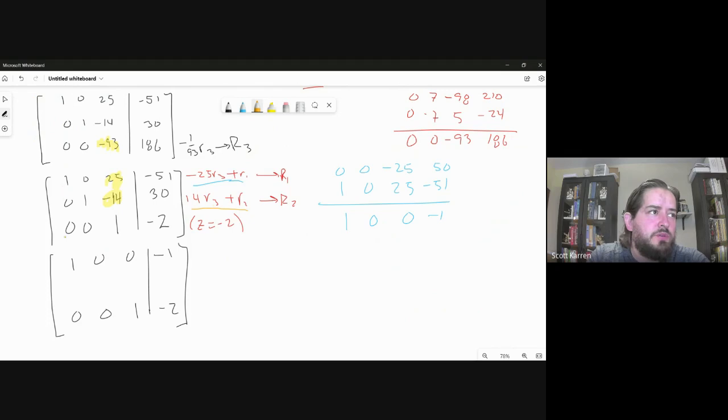So 14 row 3s is 14 times 0 is 0. 14 times the other 0 is 0. 14 times 1 is 14. 14 times negative 2 gives me negative 28. And then I add row 2, which is 0, 1, negative 14, and 30. So I've got 0, 1, 0, and 2. And we've solved the system.